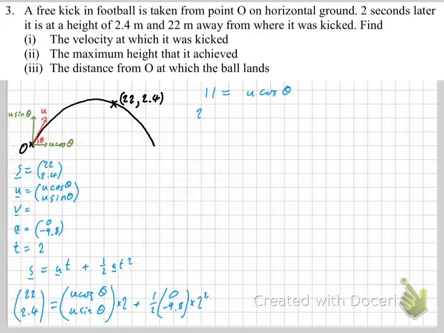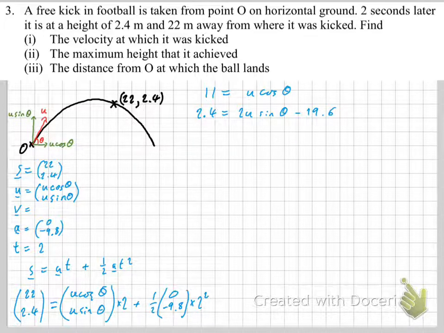The second equation, 2.4 equals 2u sine theta minus 19.6. That's come from here. 2.4 equals u sine theta times 2, which is our 2u sine theta. And if you calculate what's going on here, you've got a half times 2 squared times negative 9.8, which gives us the 19.6.